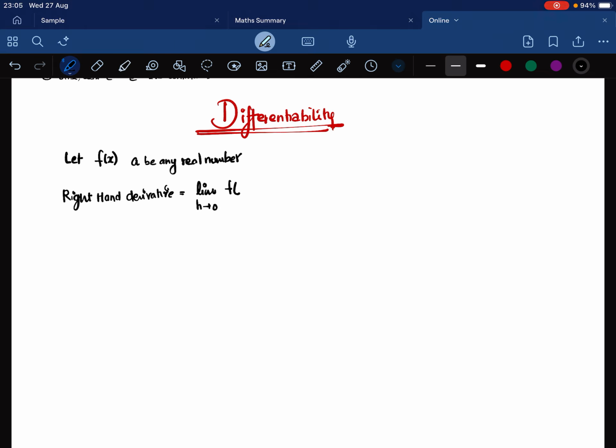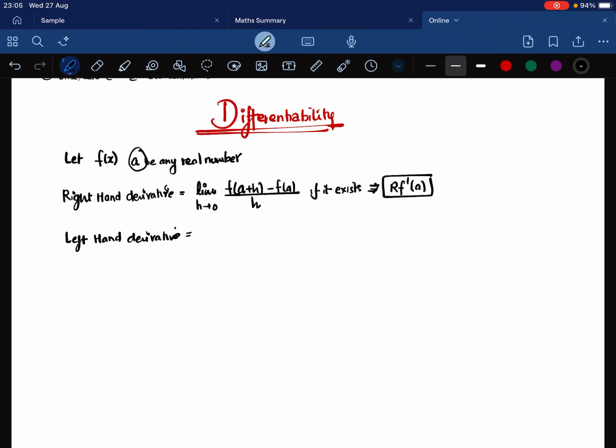The right hand derivative is calculated as limit h tends to 0, checking differentiability at a, of f(a+h) minus f(a), divided by h. If it exists, it is said to be the right hand derivative, and it is represented like this.